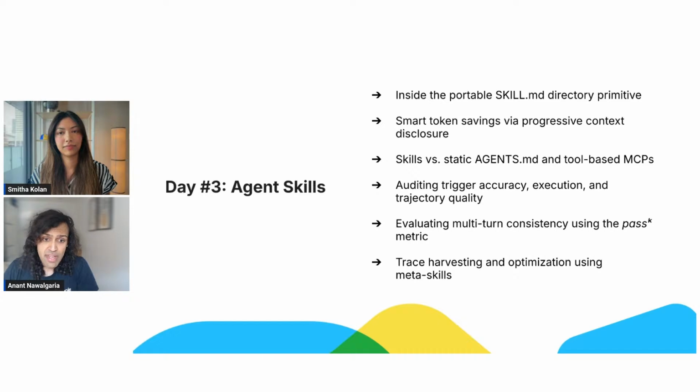In this white paper, we defined a new architecture primitive, a self-contained skill folder, as Smitha outlined, centered around a single skill.md file, accompanied by scripts, references, and assets. We also highlighted the elegance of progressive disclosure, by loading only lightweight metadata initially and fetching detailed execution guidelines and scripts strictly on demand.